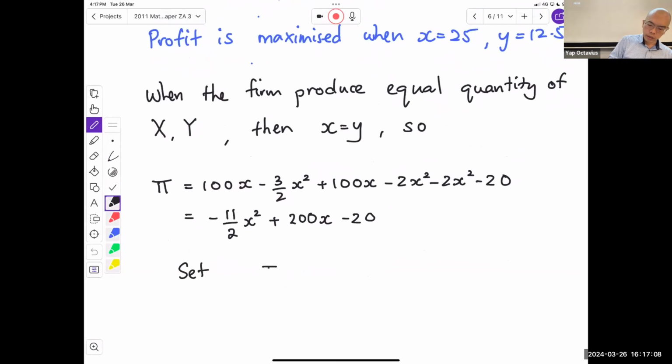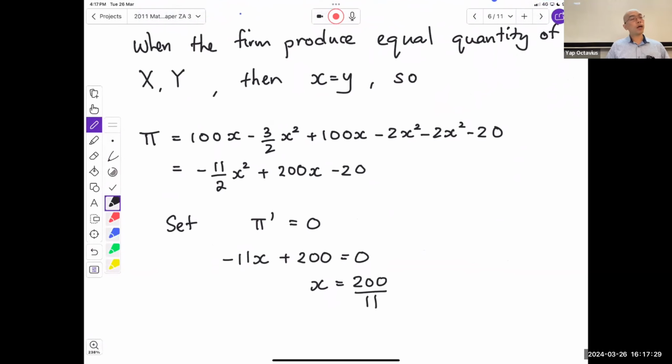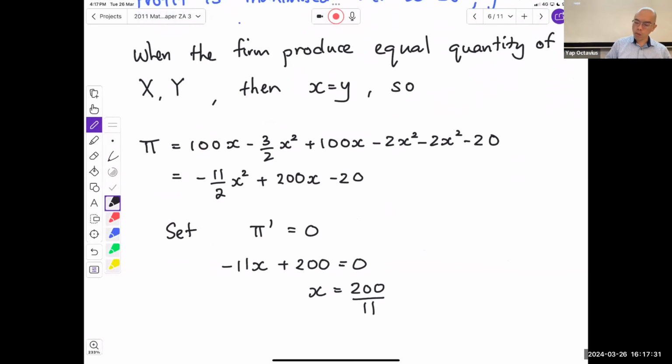So just set the derivative to 0. You should get minus 11x plus 200. Okay, so x is equal to this. And then because x is equal to y, your y will also be equal to the same value.